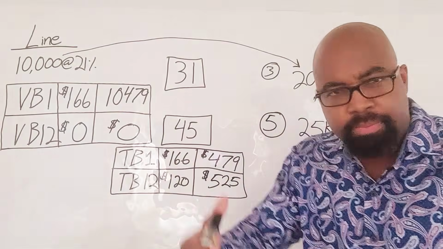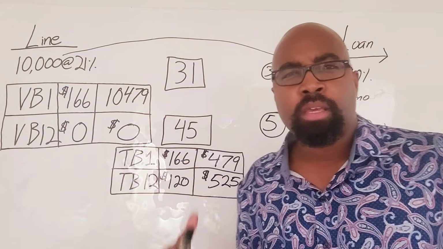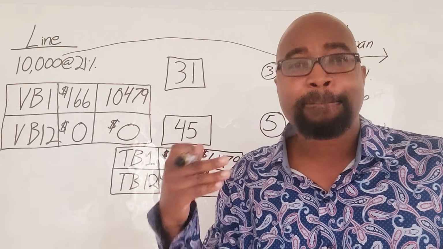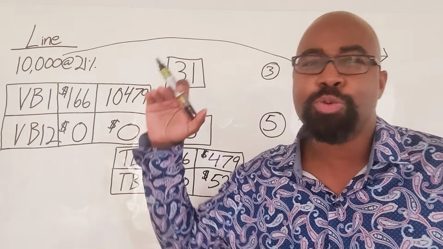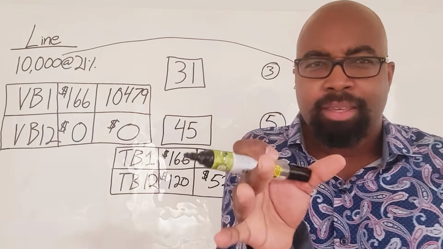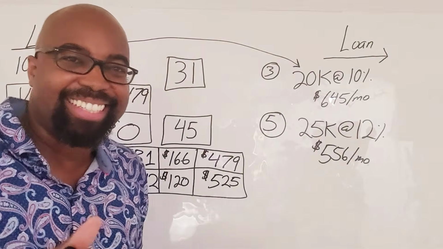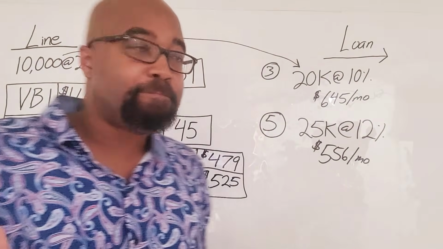Why? Because you have a system now. That $10,000 is replenished after the end of 6 months. Remember? So now that $10,000 is getting used again. Pow. So the 12th month, there is no 12th month.